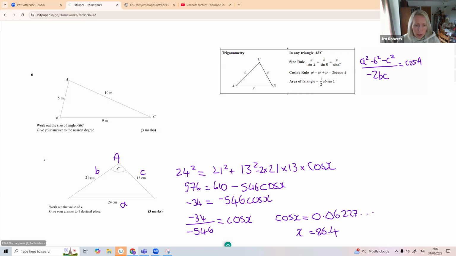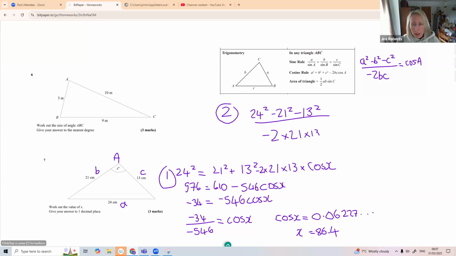So method 1. Method 2. Let's put all the information into this memorized formula. 24 squared minus 21 squared minus 13 squared over minus 2 times 21 times 13 is cos A. Cos A or x, if you have substituted it in for x, is 0.06227.